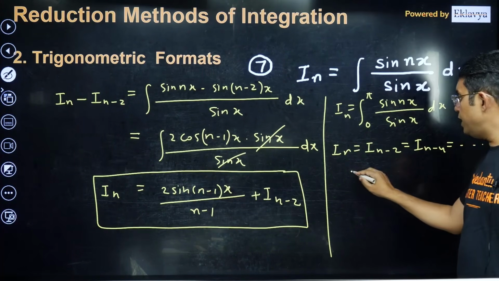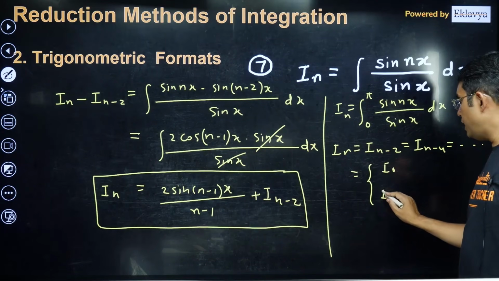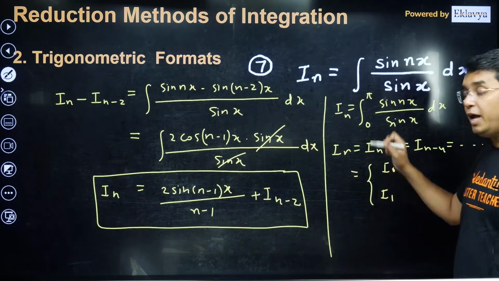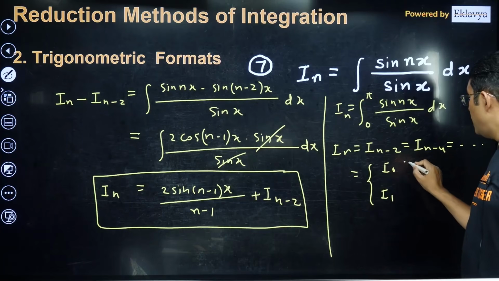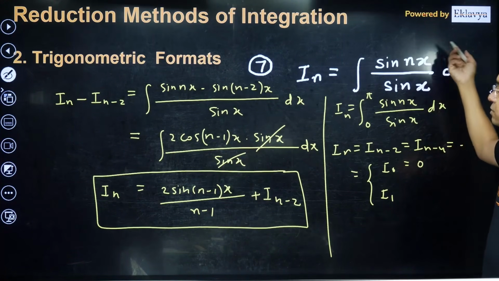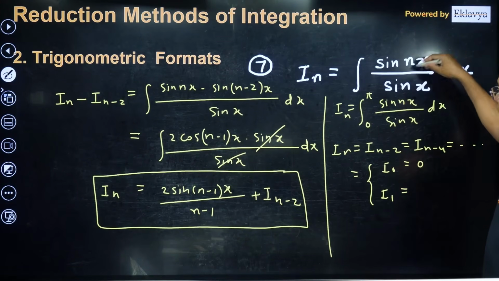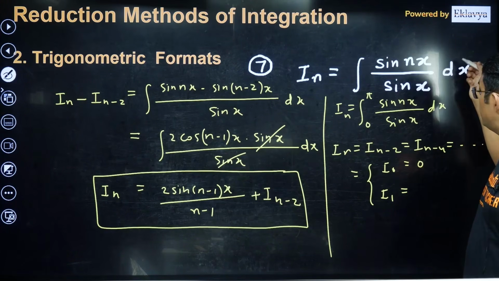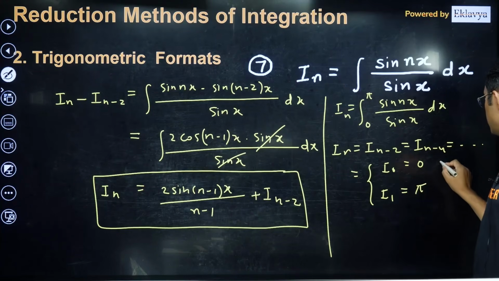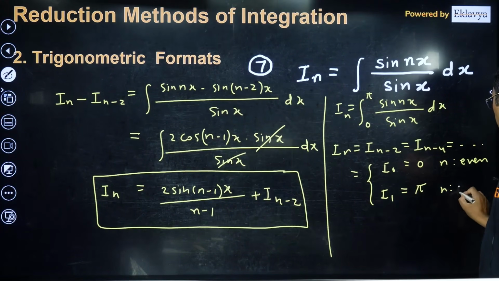Now this will end either at I naught or at I1, depending on whether n is even, then I naught, and I naught you can see will be just 0, because I naught means 0 dx, so 0. I1, if you take n as 1, it will be sin x upon sin x, so 1, so it will be pi. So this is when n is even, and this is when n is odd.